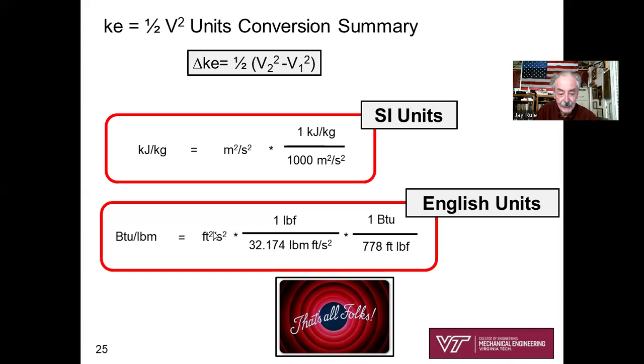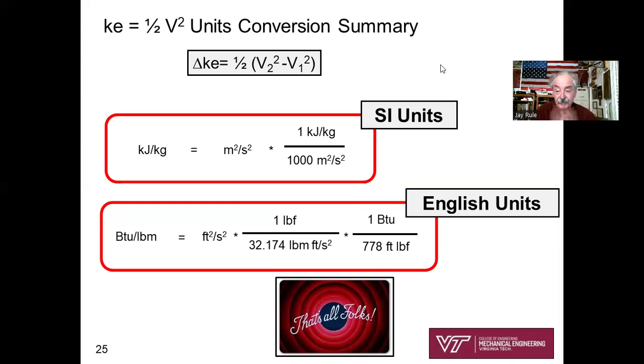In English, I end up with feet squared per second squared in my governing equation, my fundamental equation. But I don't have my units right because I've got BTUs per pound in other parts of it. I've got to convert feet squared per second squared into BTUs per pound. And here's the conversion. So that's the summary of kinetic energy.